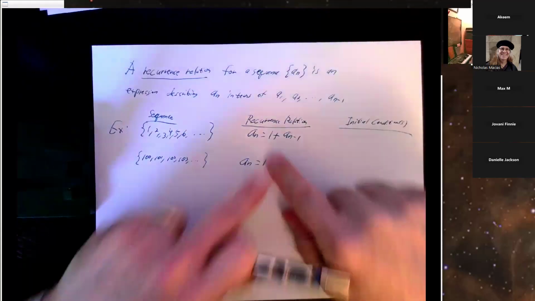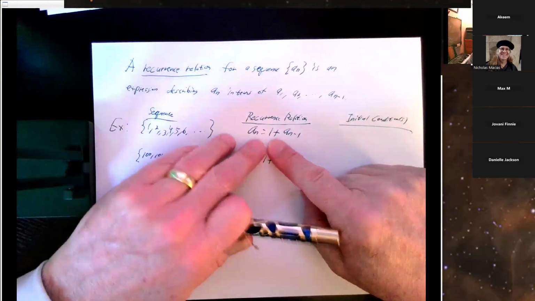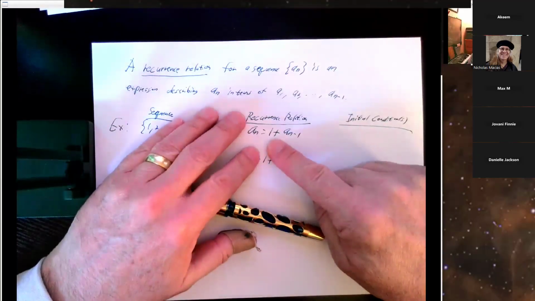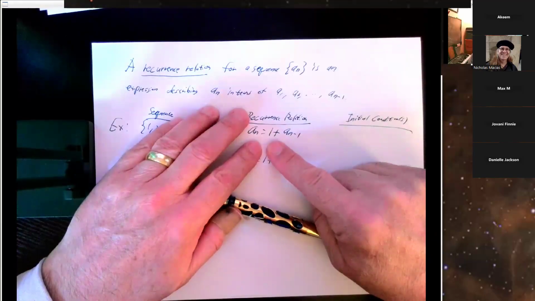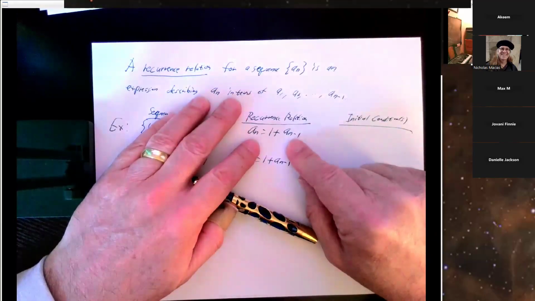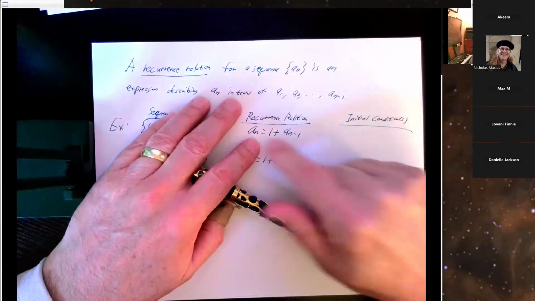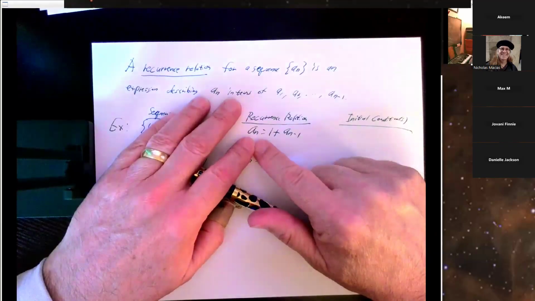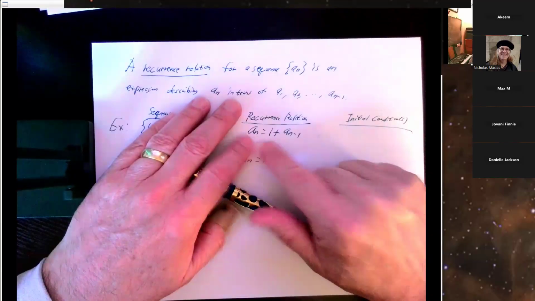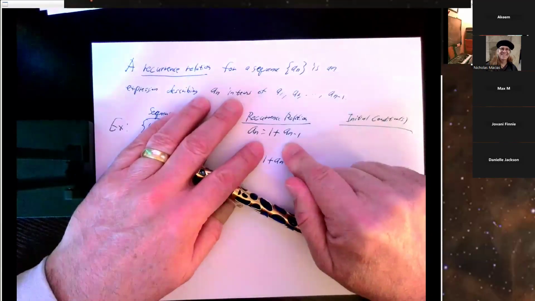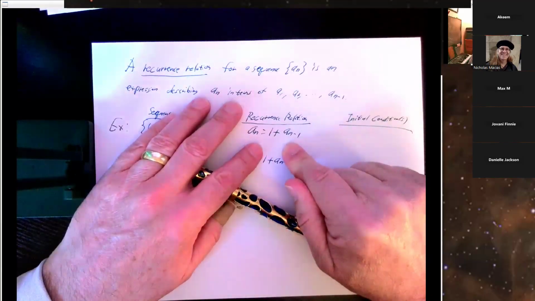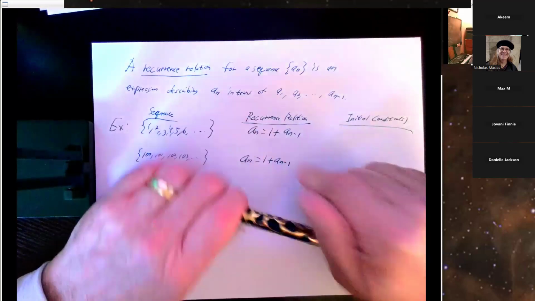Because if I'm told this is the relation describing the sequence, and I ask you, okay, so what is A3? Well, you know it's 1 plus A2, but unless you know what A2 is, you don't actually know what A3 is. And A2 is 1 plus A1, but if we don't know what A1 is, we don't know what A2 is.